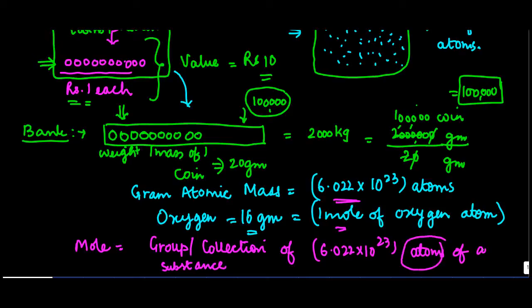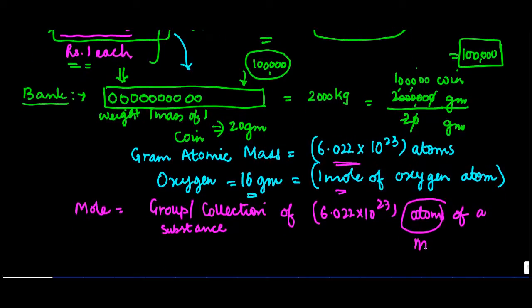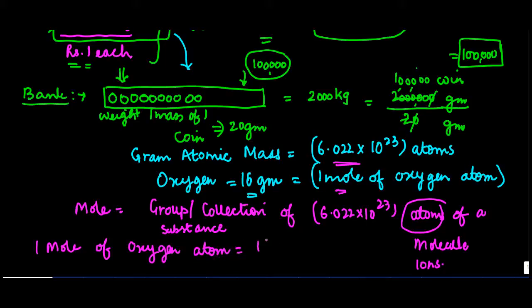Now, this can be atoms, this can be molecules, this can be ions. So if we say 1 mole of oxygen atom, right, this is equal to how much? This is equal to 16 grams. Whereas if we talk of 1 mole of oxygen molecule, this is equal to 32 grams.